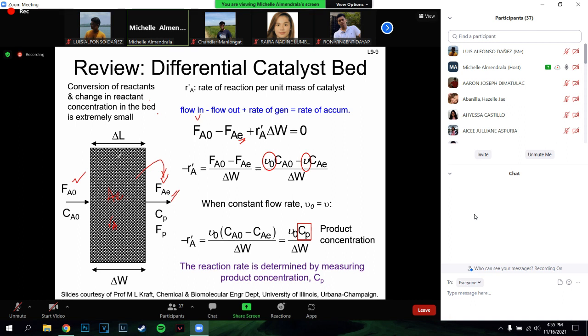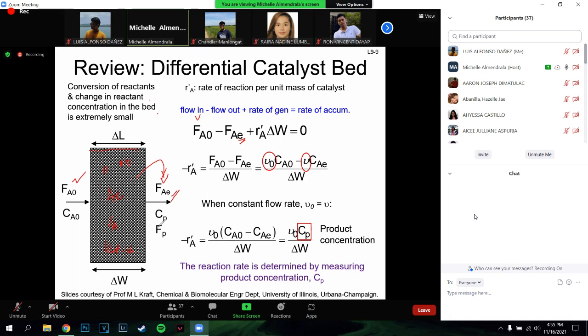And of course, that depends on how much catalyst, the actual volume of catalyst, is present. Remember, this bed is somewhat porous. So this is the whole volume, and for the volume of the catalyst, you have to deduct the void space from the volume of the reactor.